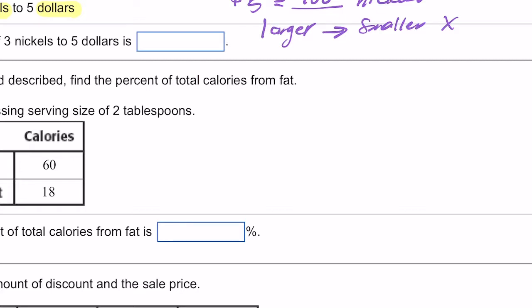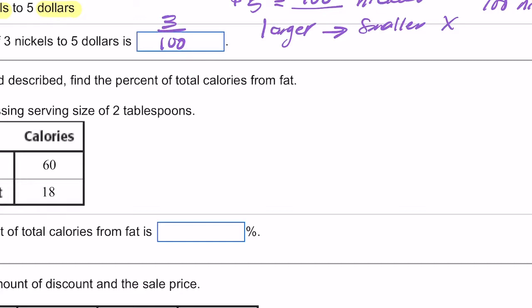We want to compare nickels to dollars, so nickels goes up top. You have 3 nickels, and dollars goes on the bottom, which we now know is 100 nickels. So the fraction would be 3 over 100, which you can't reduce, since neither has a greatest common factor.